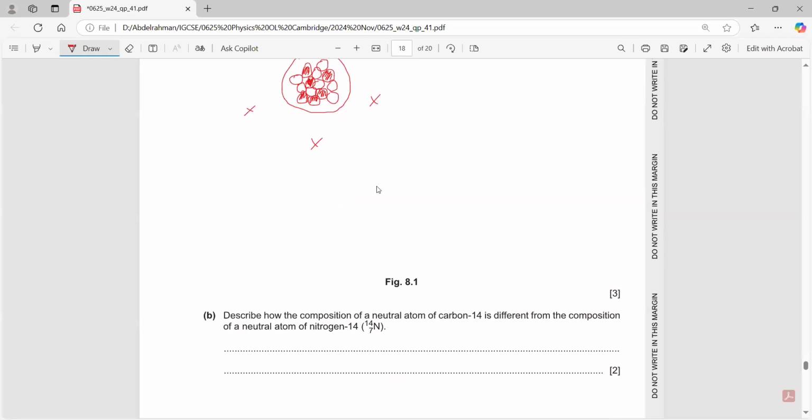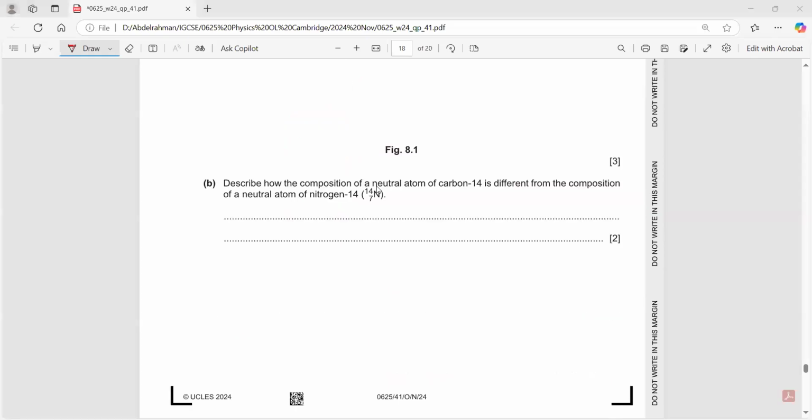Now, describe how the composition of a neutral atom of carbon is different from the composition of a neutral atom of nitrogen. It's quite easy. How many protons and neutrons are there in carbon, and how many protons and neutrons are there in nitrogen?